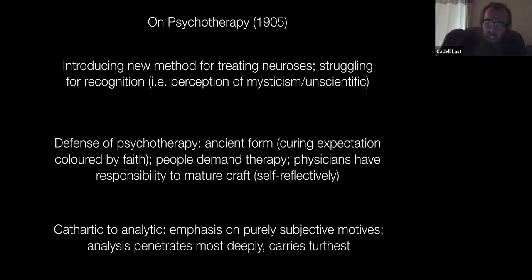This is kind of linked, I think, to what Rashanik was saying in some ways, that the physician, we might say the analyst, plays a big role in the whole process. And that the analyst, or the physician, has the responsibility to include themselves self-reflectively in the very act of the therapeutic process.